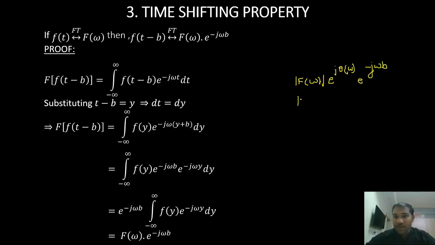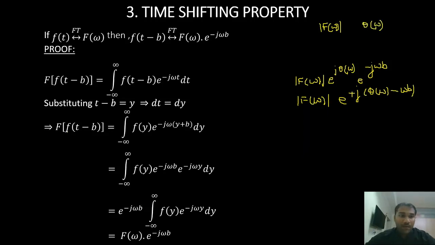Now if I simplify this, it is still mod F of omega and e power minus j, or e power plus j, whichever, theta of omega minus omega b. My original F of omega has just the magnitude of F of omega and a phase of theta of omega.